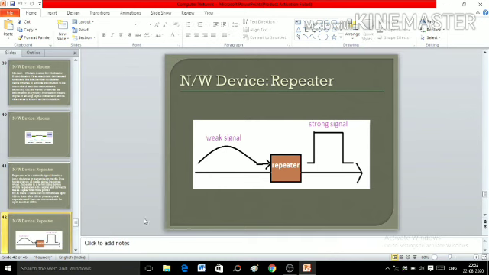For example, as a communication media, suppose you have used 10Base2 cable. Then this cable can carry a signal up to 185 meters.